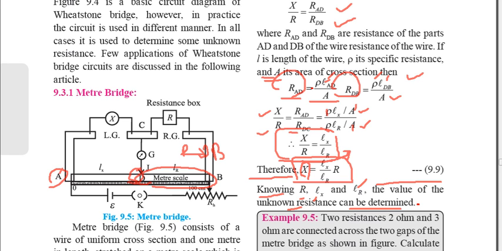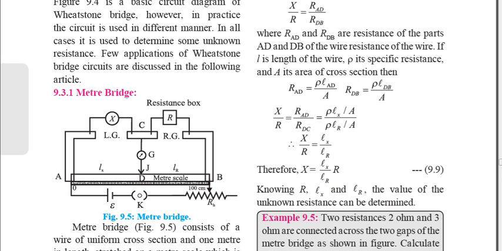So if we know these three variables, resistance, length Lx and length Lr, we can easily find the unknown resistance X, which we connected in the left gap, with the help of this meter bridge. So the application of this meter bridge is to find the unknown resistance. That is the detailed study of the meter bridge.